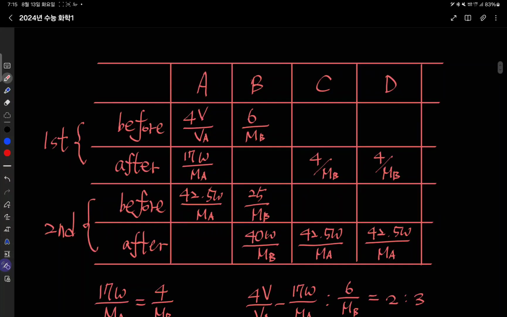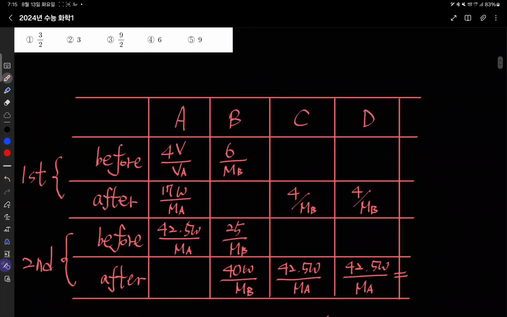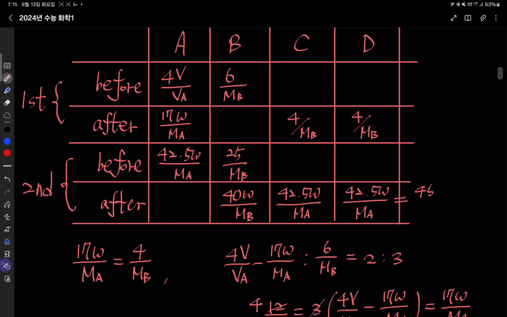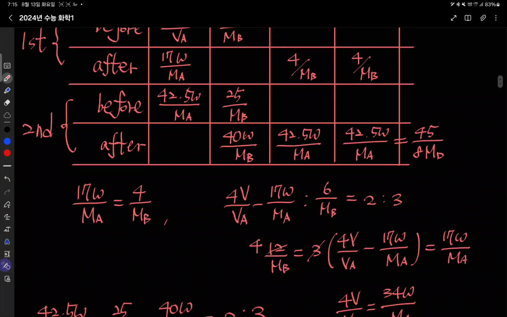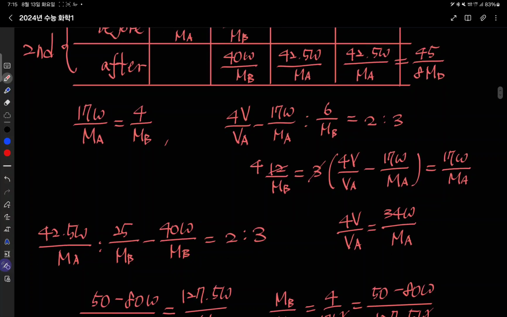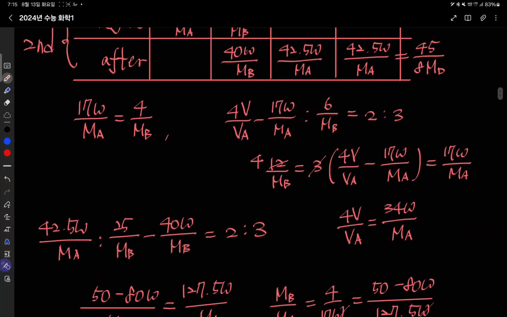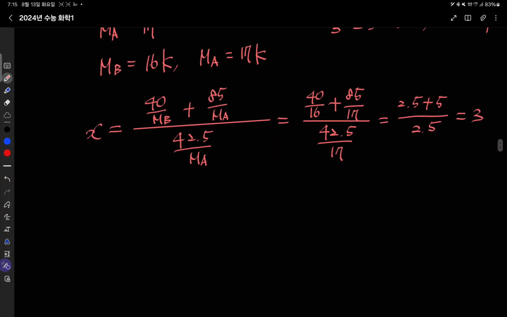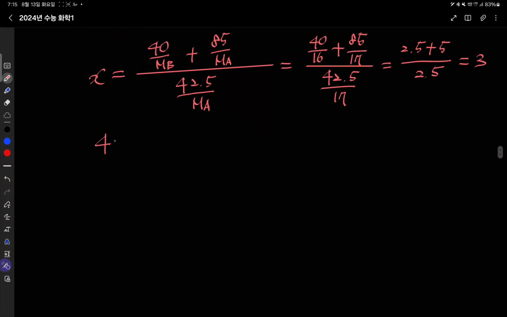So that means this is equal to 45 over 8 divided by the molecular weight of D. So if we solve this equation, the W is 1/4.